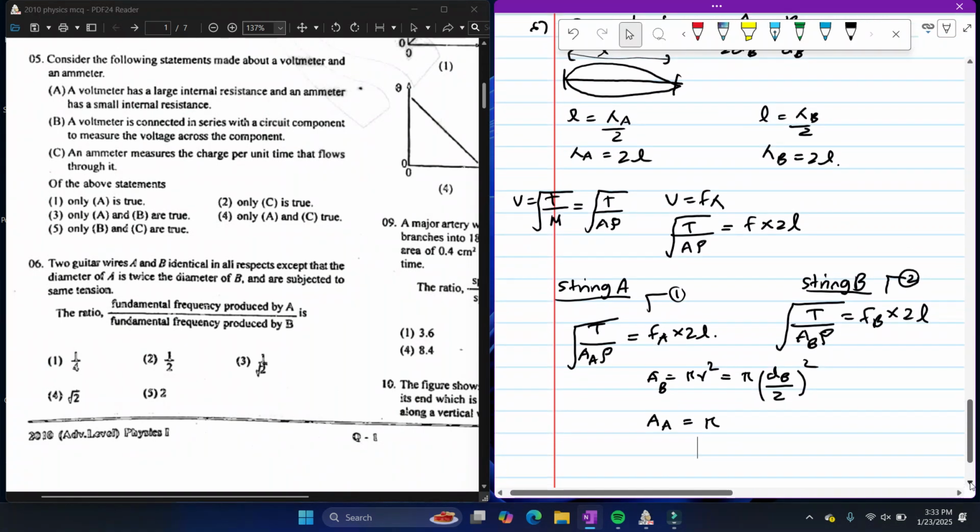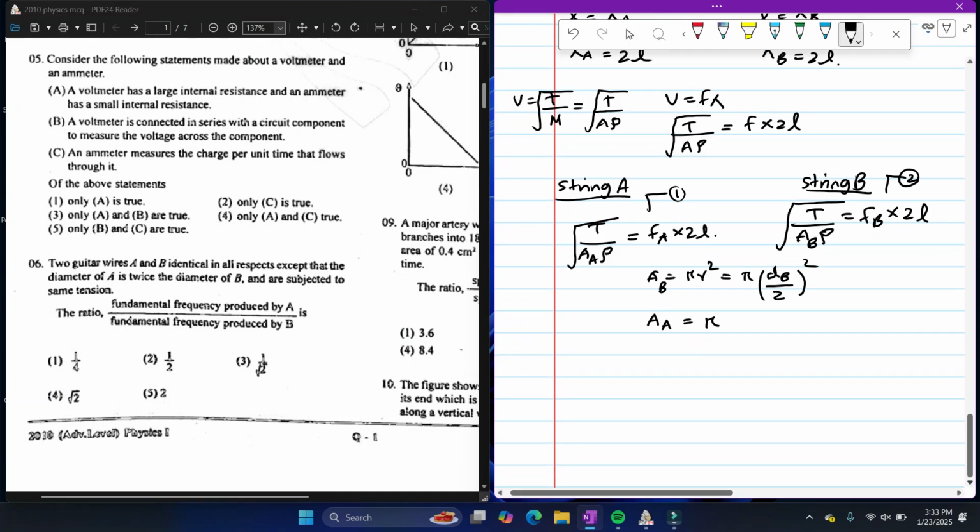So substitute twice dB here and divided by 2.